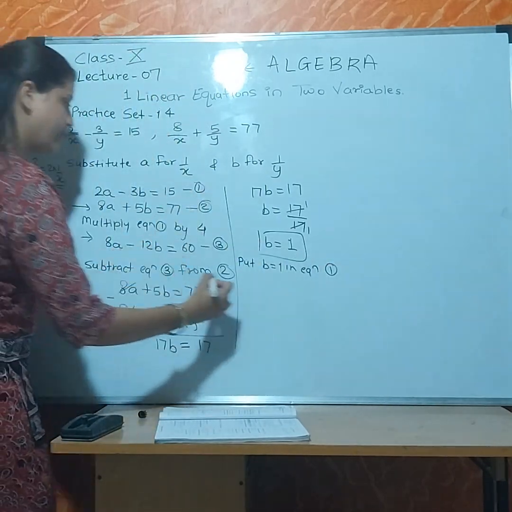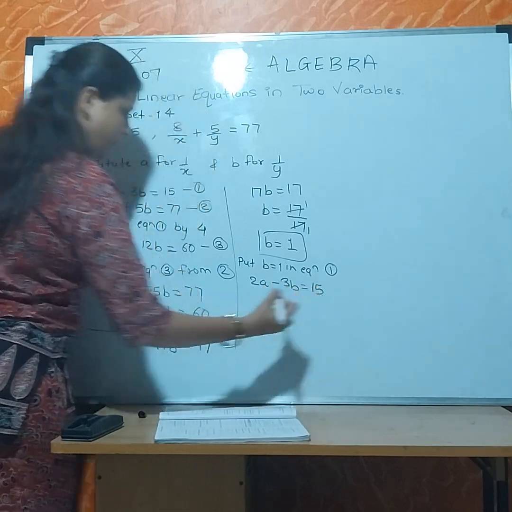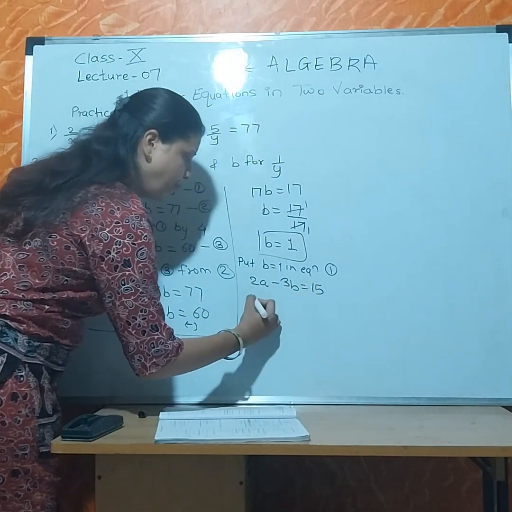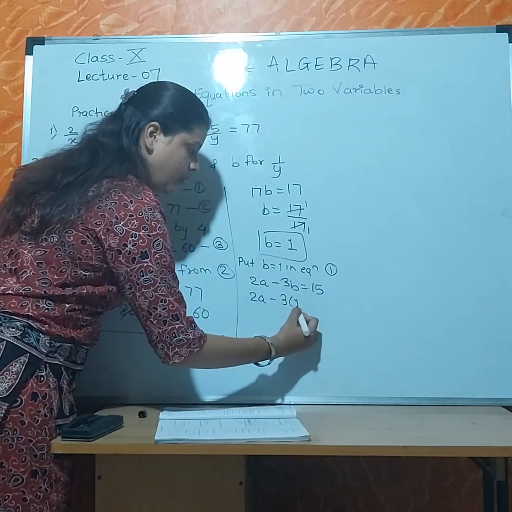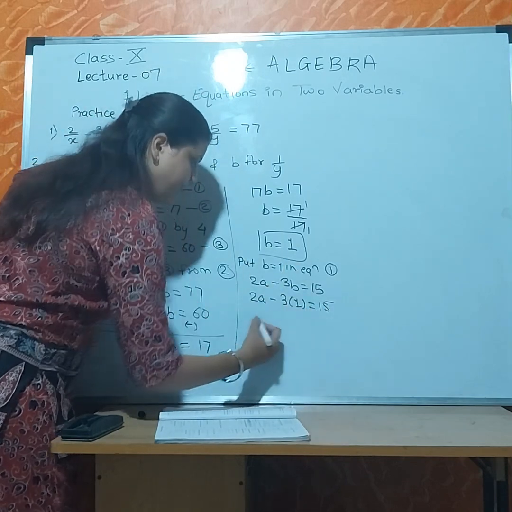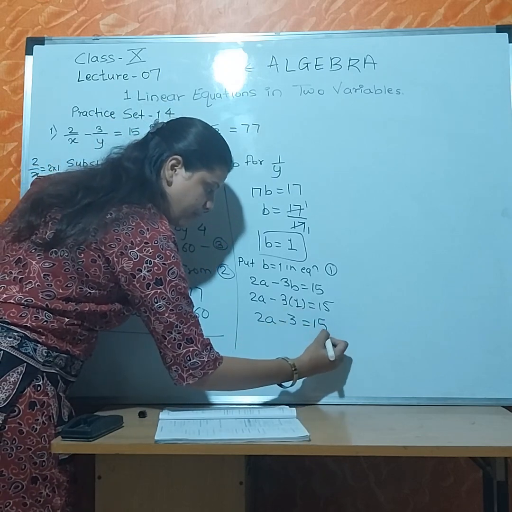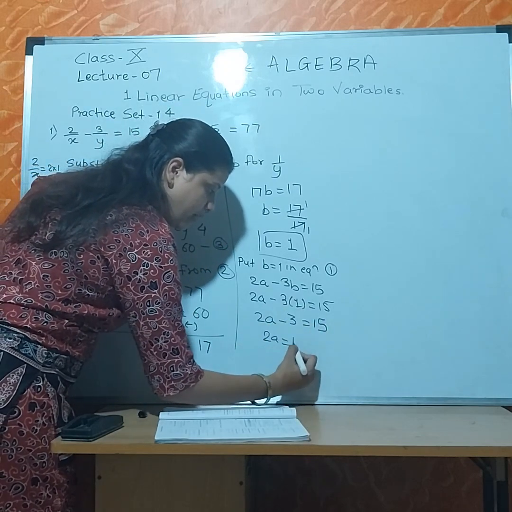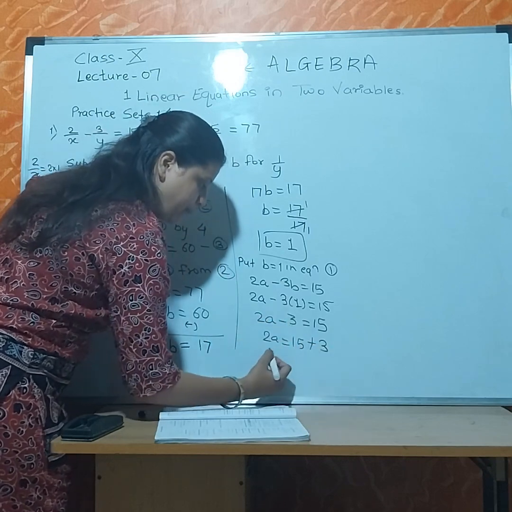So what is the first equation? 2a minus 3b is equal to 15. Now 2a minus 3 into 1 is equal to 15. So 2a minus 3 is equal to 15. 2a is equal to 15, minus 3 goes to the other side as plus 3.